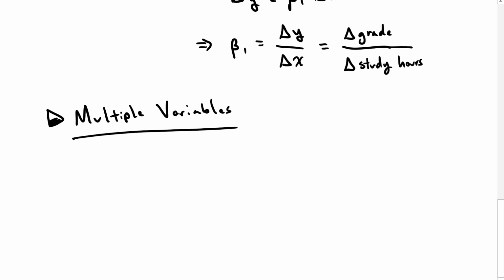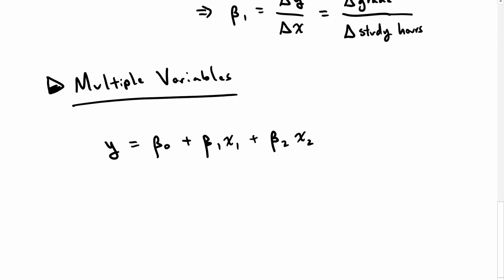And so this one we can't really visualize on a 2D plane. We could look at two variables in three-dimensional space, but it just starts to become weird to think about these visually. So we're just going to use equations, and we're going to use two variables. So our intercept, beta 0, plus beta 1 x1, plus a second variable, beta 2 x2.